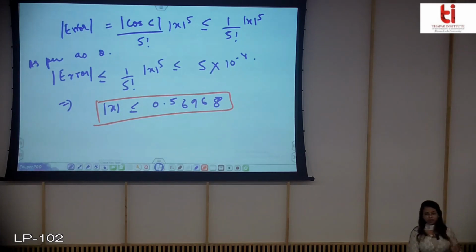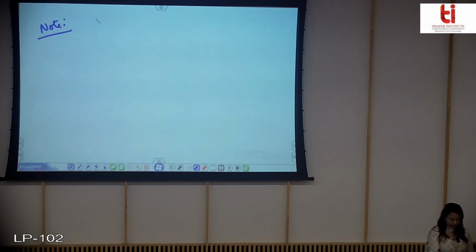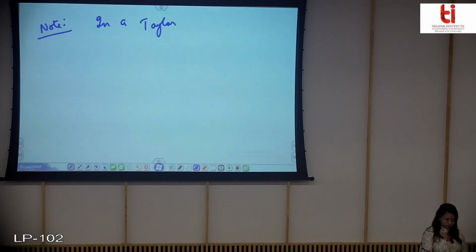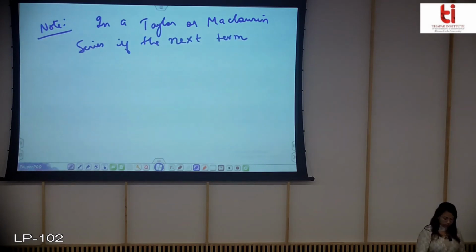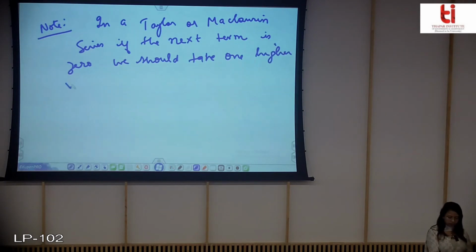Now I think everything is clear, but I'll write a few notes so that you don't forget. If in the Taylor or Maclaurin series, the next term after the Taylor polynomial up to which we consider is 0, we should take one higher value of n.